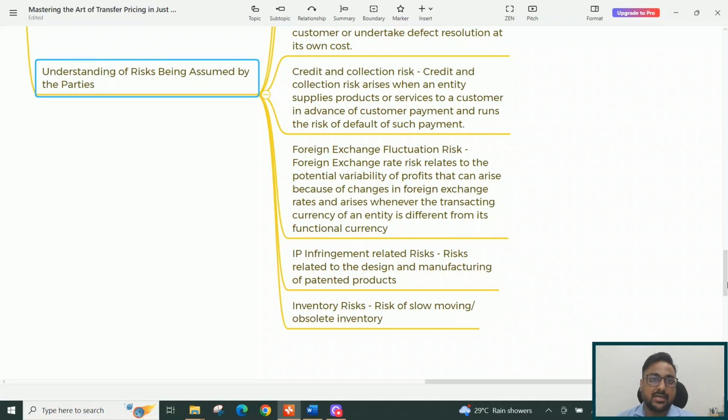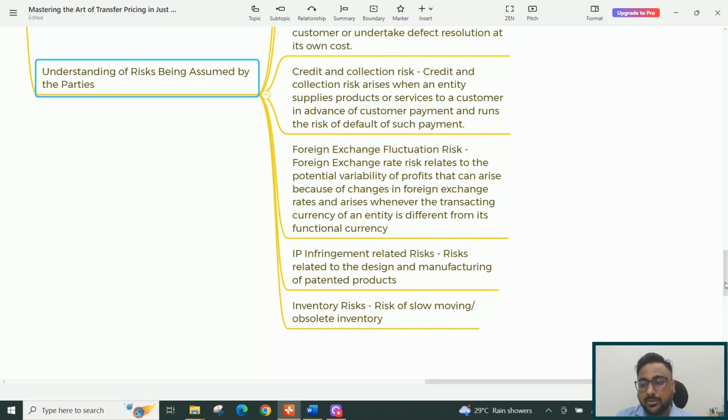If I am in India and I am making a bill in USD, then whenever the remuneration comes, in case there is a loss, I have to bear that risk, right? If the rate has gone down, then I may have to bear that particular amount of risk because I have to prepare my accounts in INR, right? So that is what foreign exchange fluctuation risk is all about.